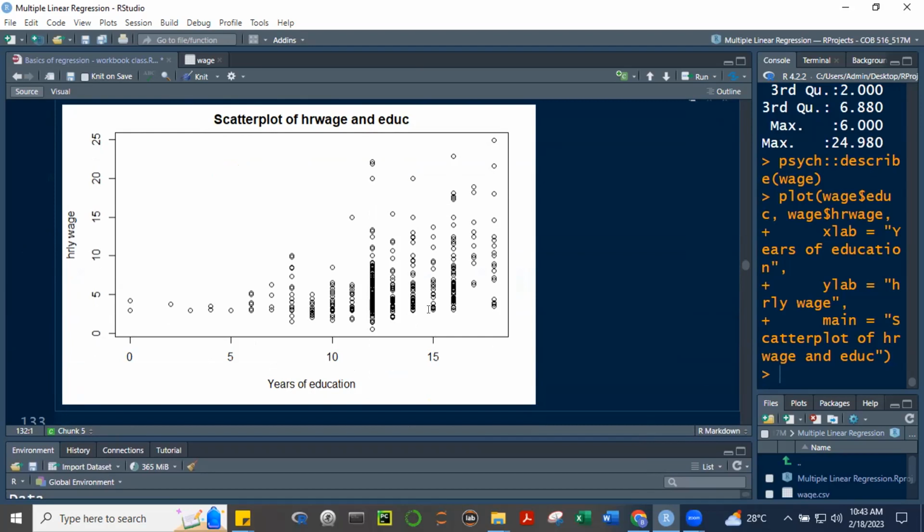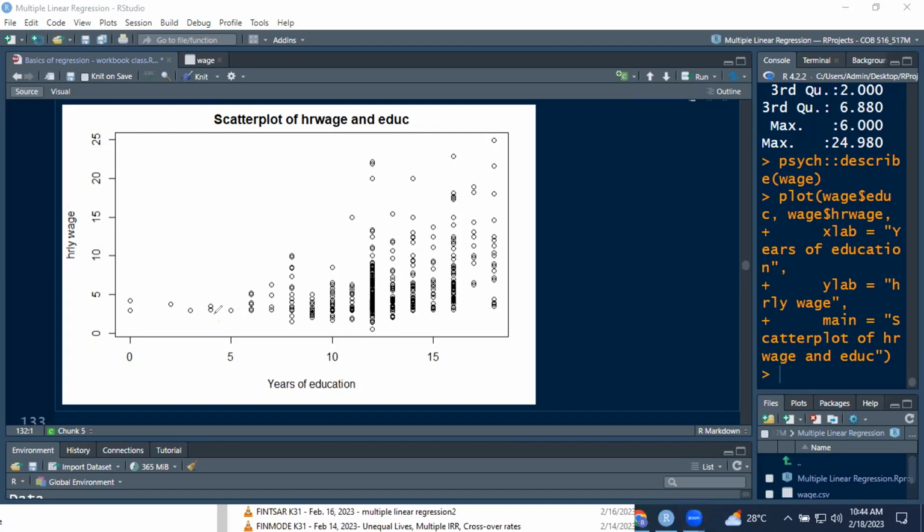Okay, as you can see, medyo it's so difficult to say kung ano. May pagka-linear, no? May pagka-linear. So parang, let me annotate this again. So if you're going to look at a possible line that will describe hourly wage and education, medyo ganito, no?